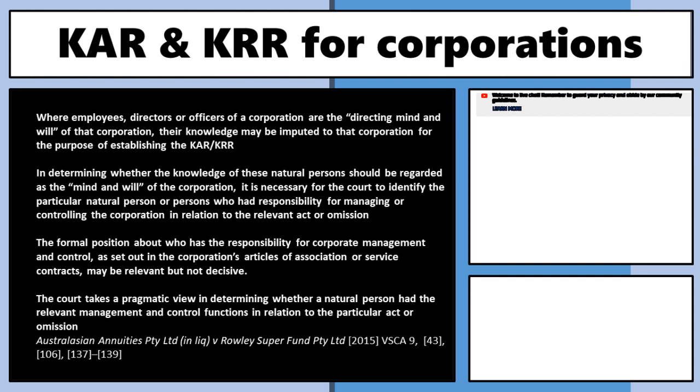And the last slide is just to do with companies. It's for both of the rules, because the rules in terms of knowledge for corporations start with this idea of the directing mind and will. That is the knowledge that we're going to look at in terms of knowingly either receiving property or knowingly assisting.